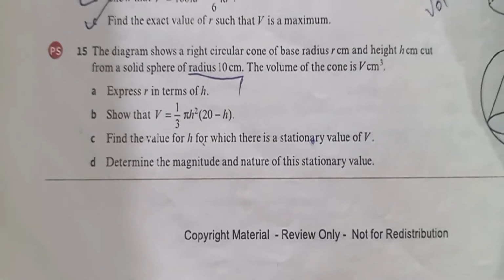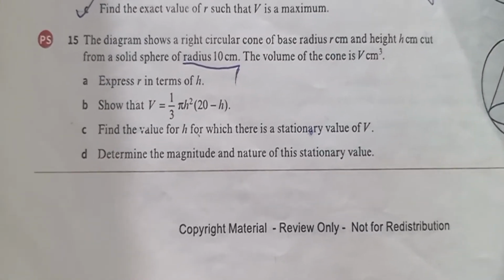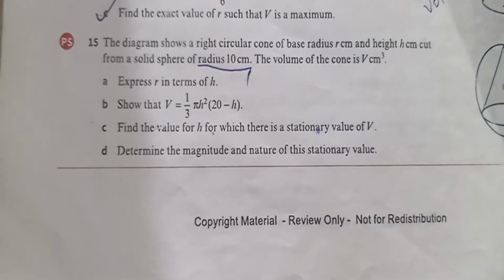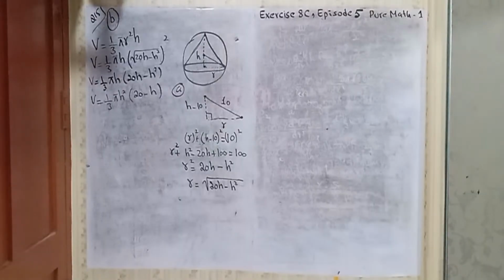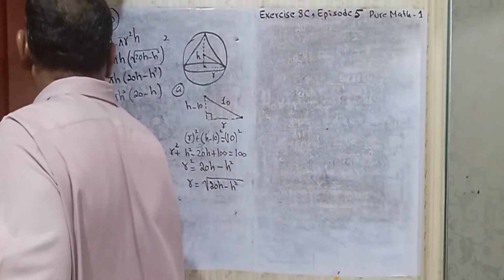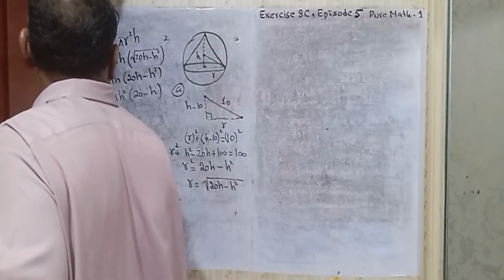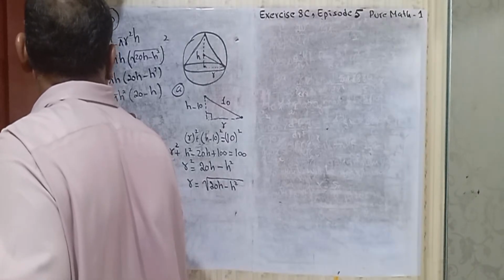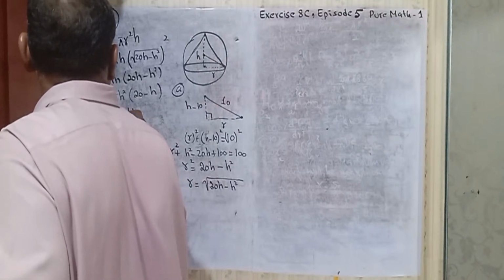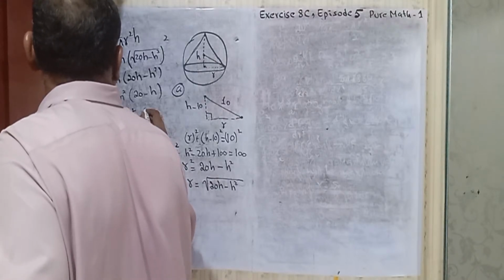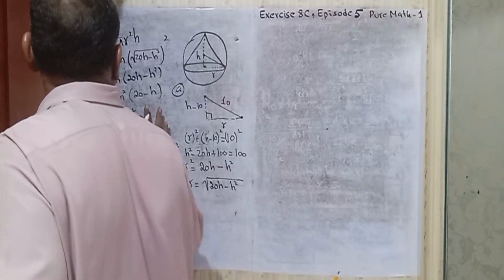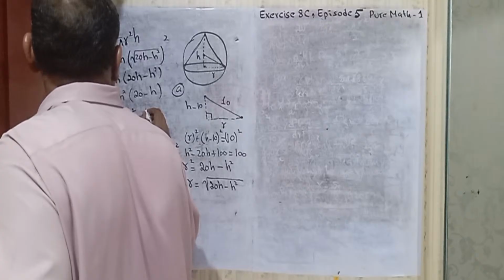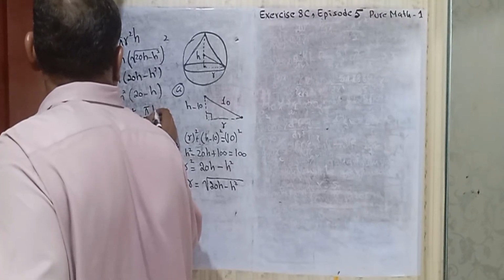In the C part, he says find the value of h for which there is a stationary value of V. Now it's very easy. In the C part, we have to differentiate. So V is equal to 1 by 3 pi, so this becomes 20 pi by 3 h square minus 1 by 3 pi h cube.